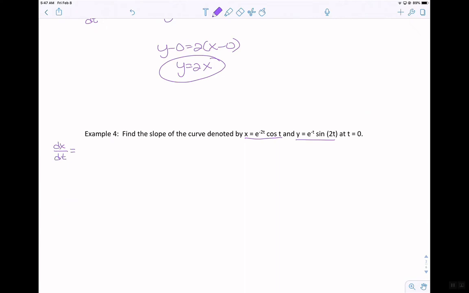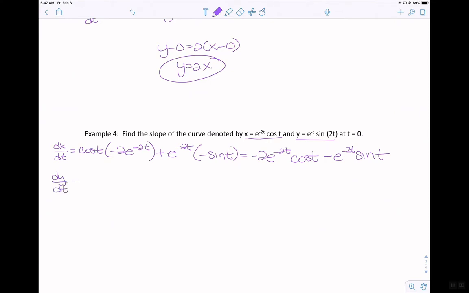So dx dt is equal to cosine of t times negative 2 e to the negative 2t, plus e to the negative 2t times negative sine of t, and then I can simplify this. So negative 2 e to the negative 2t cosine of t minus e to the negative 2t sine of t.